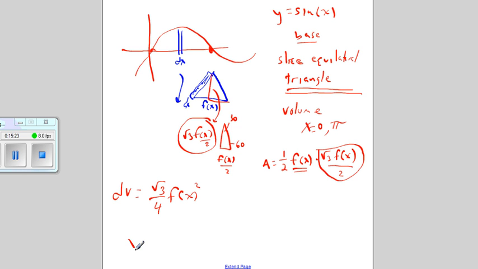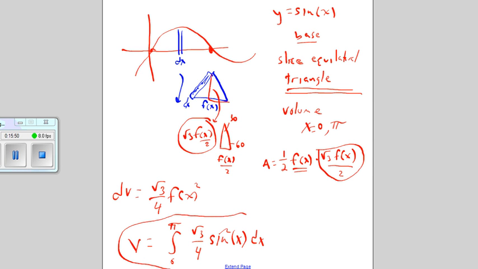So our volume of this weird loaf of bread that's triangular and sinusoidal is the sum of all the slices from 0 to pi of root 3 over 4 times f of x, which is sine of x, squared. And there we have found the volume of our shape.